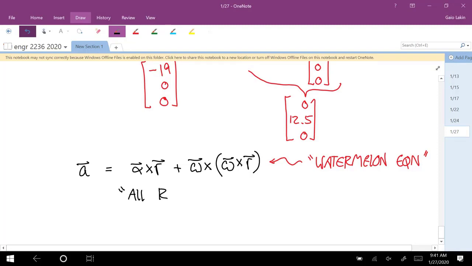If you think of alpha as A and omega as W, I always think of this as all ripe watermelons will rot. Sort of a pessimistic view of things.